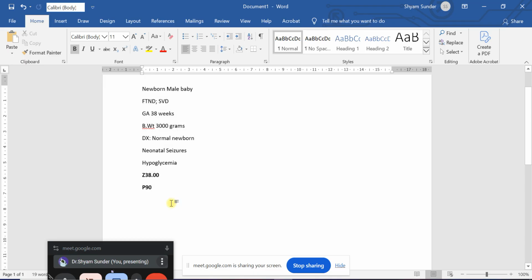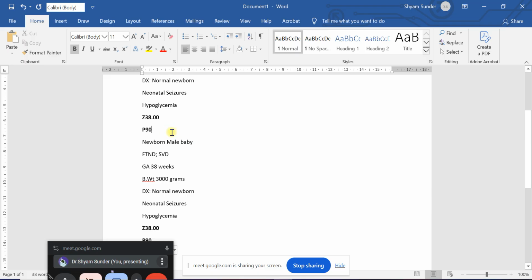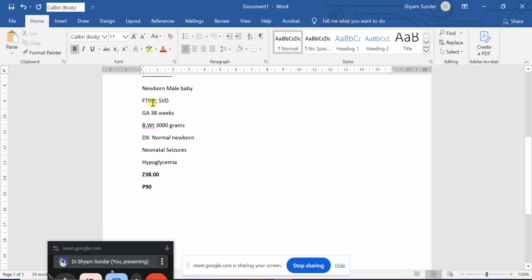So let us examine another case. This is baby 2. This is not a full term normal delivery. This is preterm.